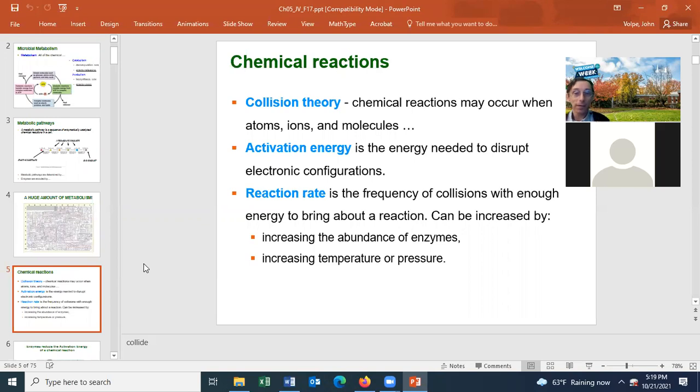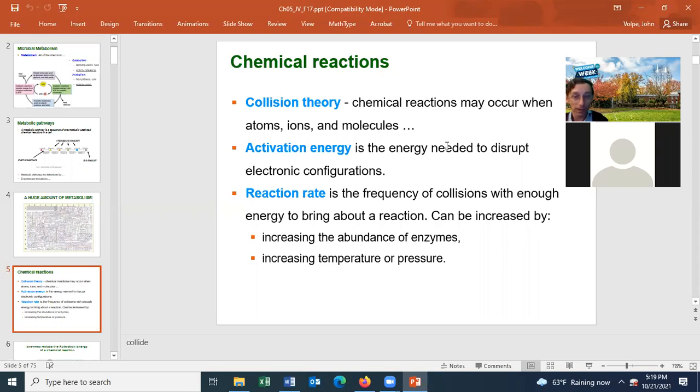Chemical reactions occur according to the collision theory. The collision theory states that chemical reactions occur when atoms, ions, or molecules simply collide with each other and they have enough energy to form the product. Obviously, if it's very cold and they collide, they won't have enough energy to form the product.